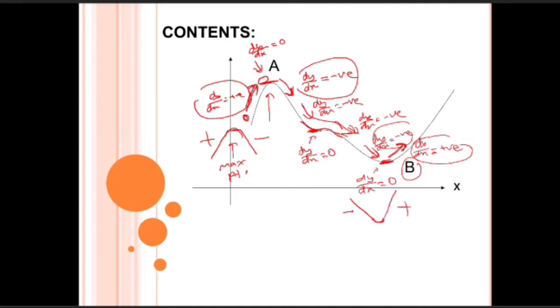Exactly in the middle of those two lines is the stationary point B, which is what we call the minimum point. Points A and B are called stationary points, also known as turning points, and their gradient will always be 0.